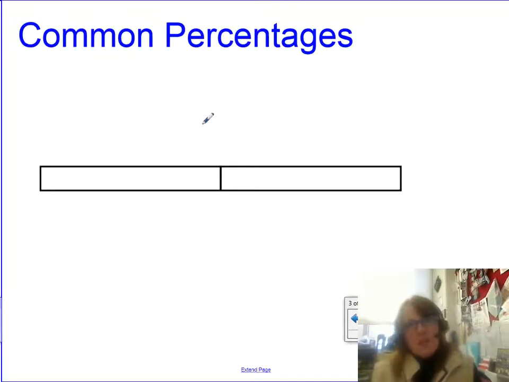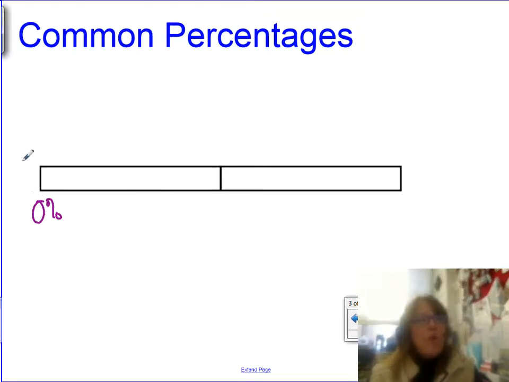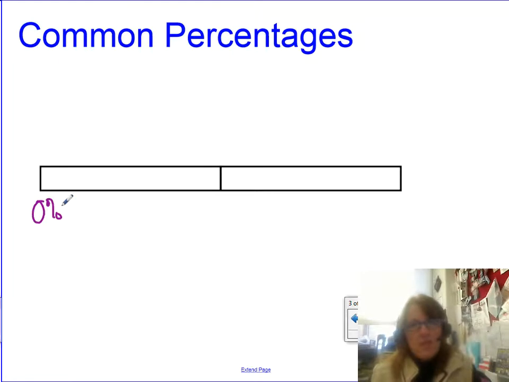The way I like to think about it is, first of all, let's get these common ones in our head. And for a lot of people, I think it's nice to draw pictures. So whether you do just kind of a number line and we're going to put things above and below, or if you want to draw a box like I have drawn here, go ahead and draw that, either a line or a rectangle. And at the far left, put 0% on the bottom, and the far right, put 100% on the bottom.